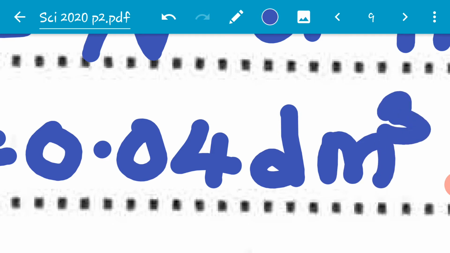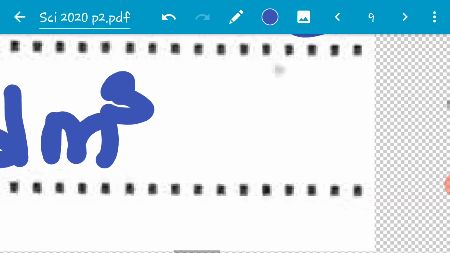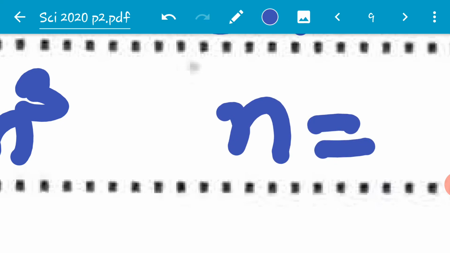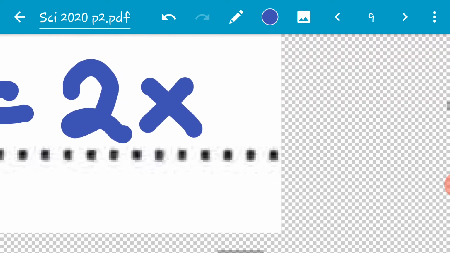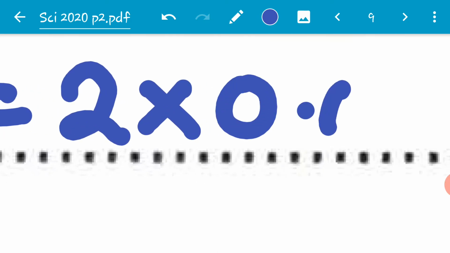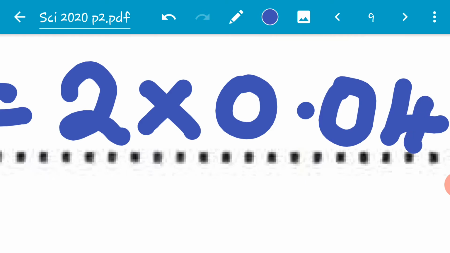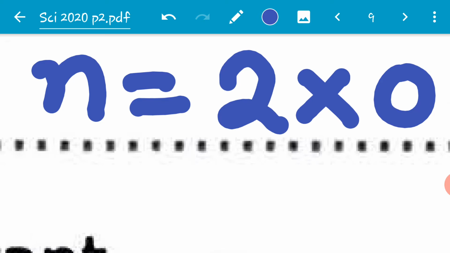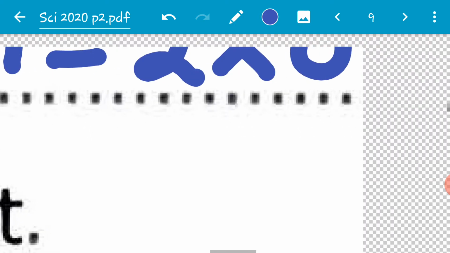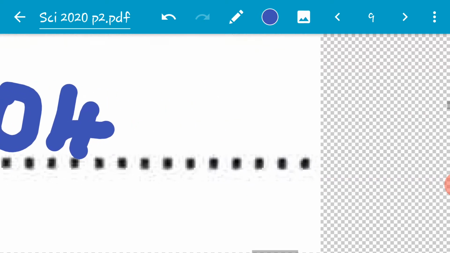Okay, now we can substitute this into the formula. So we now have number of moles is equal to concentration, which is 2, times the volume 0.04. So 2 times 0.04 gives us 0.08 moles.